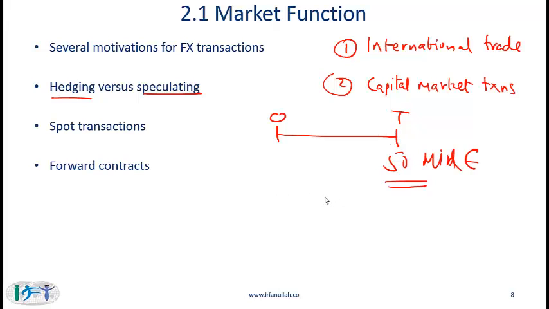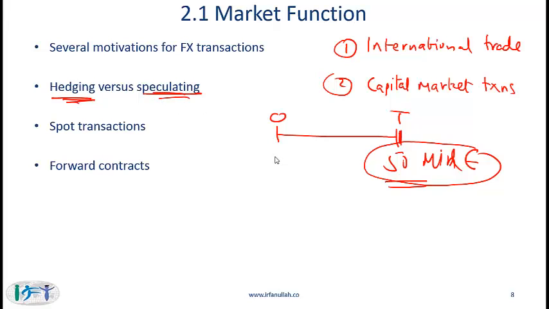The company can engage in a foreign exchange transaction to buy euro on this day at a particular price. This would be a foreign exchange transaction and the intent would be to hedge the risk of the euro becoming too expensive in the future. This is an example of hedging because the company here is hedging its foreign exchange risk, and we'll see examples of this over the next few slides.